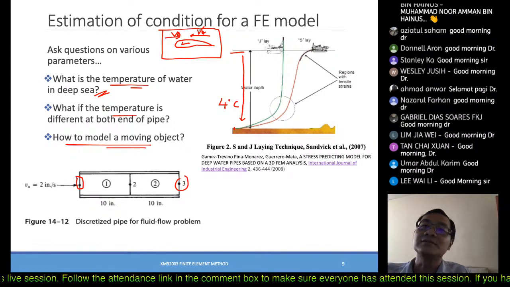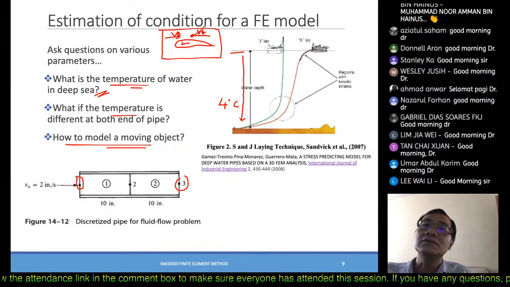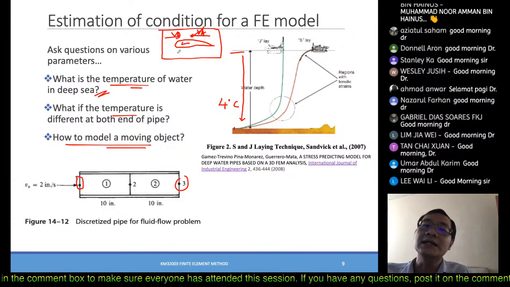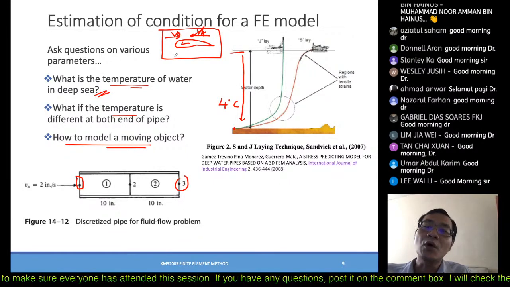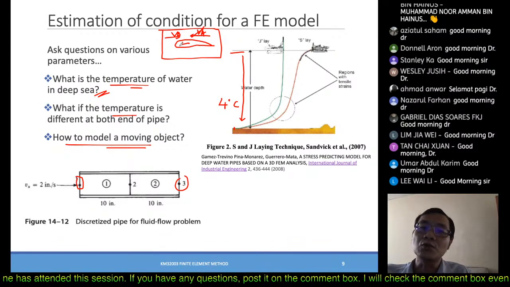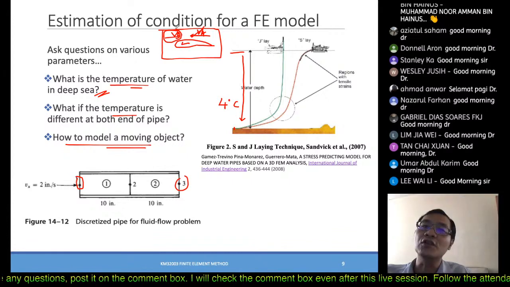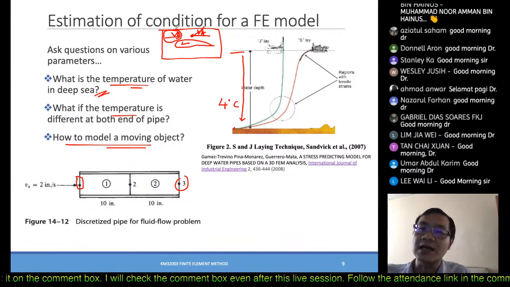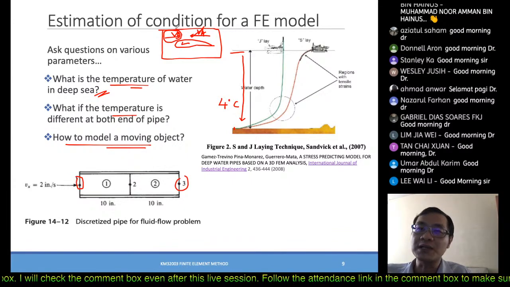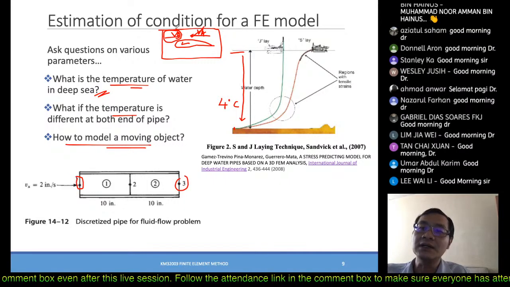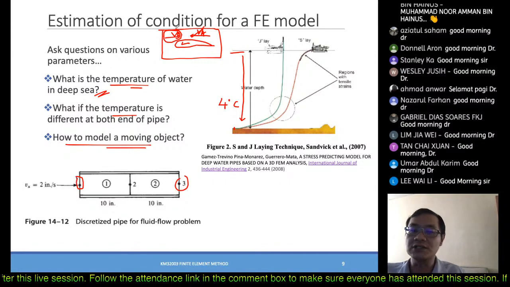Therefore, when we model it, nothing is moving, only our definition of the velocity of the flow is changing. So it has to be defined by our theoretical equations.